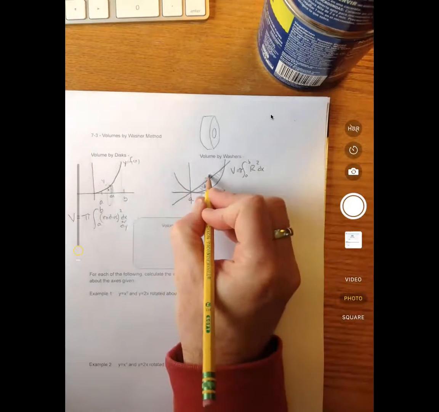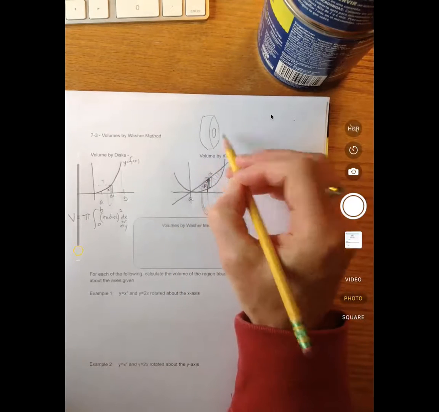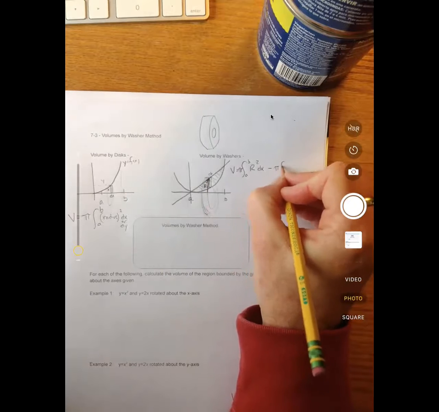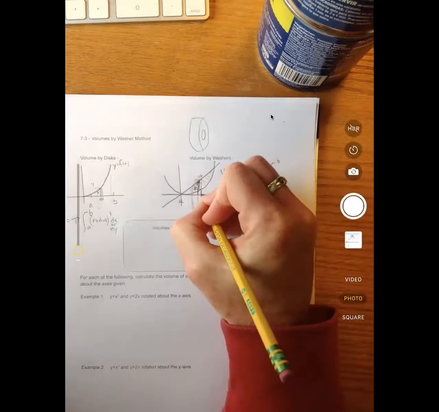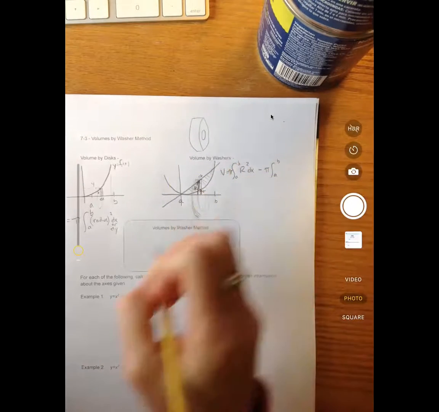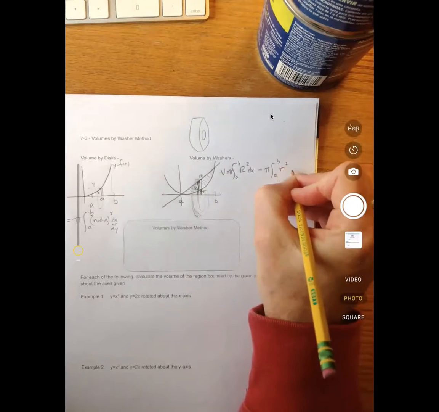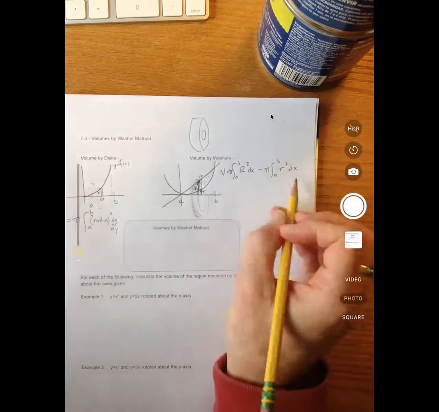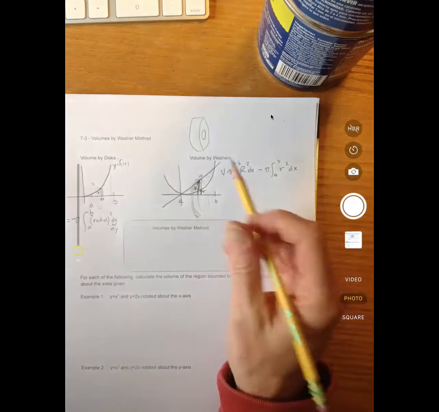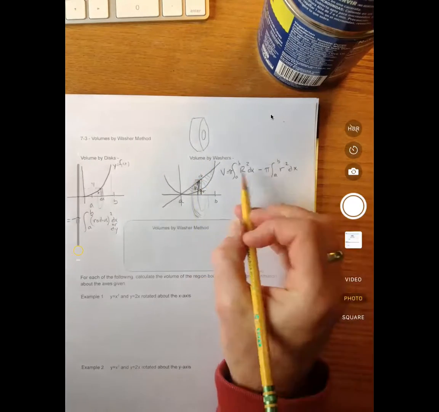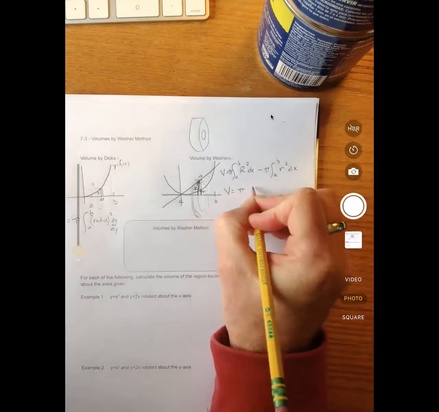In this case it's a dx, so width of dx, minus the inner little hole. I want to subtract out the hole. Well, that's going to be another integral from a to b of pi and the little radius that just goes from here to here, little r squared dx. And so really, in essence, we have a difference of disks. And the difference of disks becomes this shape, which we call a washer. Notice these are both on the same interval, so I can write it as one integral.